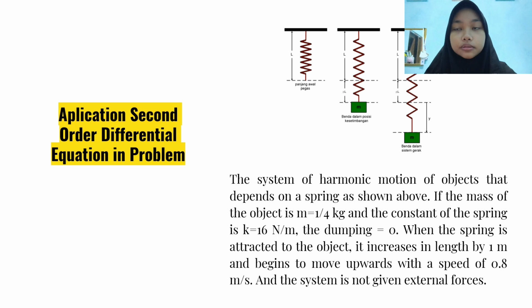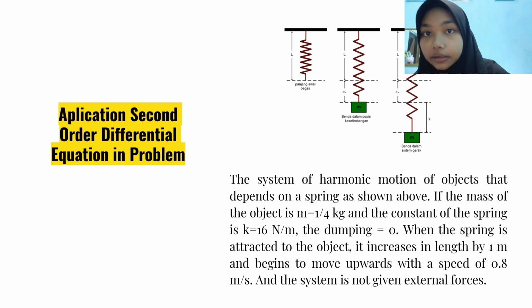Okay, so this is the application of second order differential equations in a problem. The problem is a harmonic motion system of an object hanging on a spring as shown above. The mass of the object is m equals 1/4 kilogram, the spring constant is k equals 16 Newton per meter, and the damping is 0.